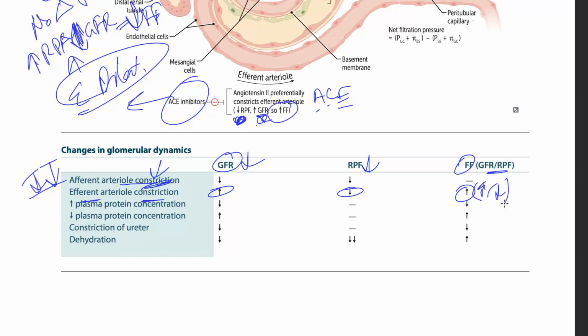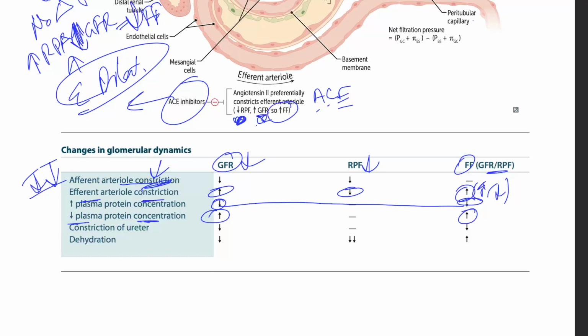Let's talk about an increase in plasma protein concentration. When you have more protein concentration, you have a decrease in GFR, and no change in renal plasma flow, so the filtration fraction decreases. With a decrease in plasma protein concentration, that would increase the GFR and increase the filtration fraction.